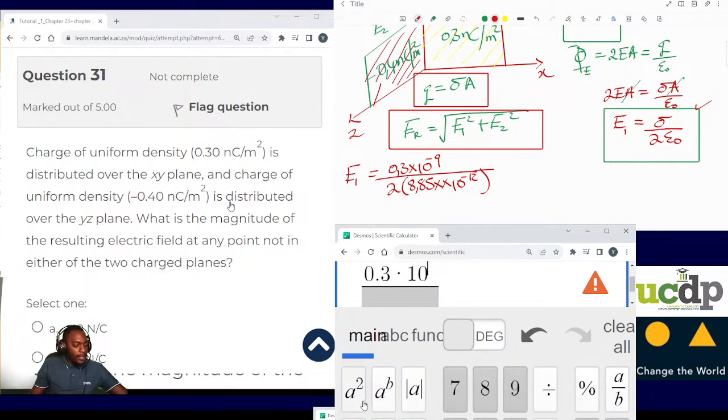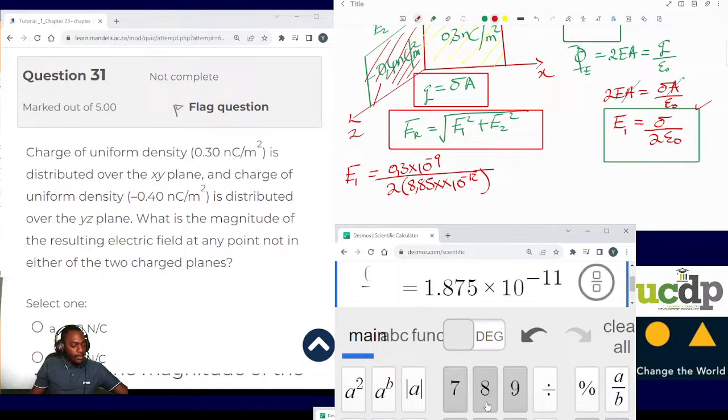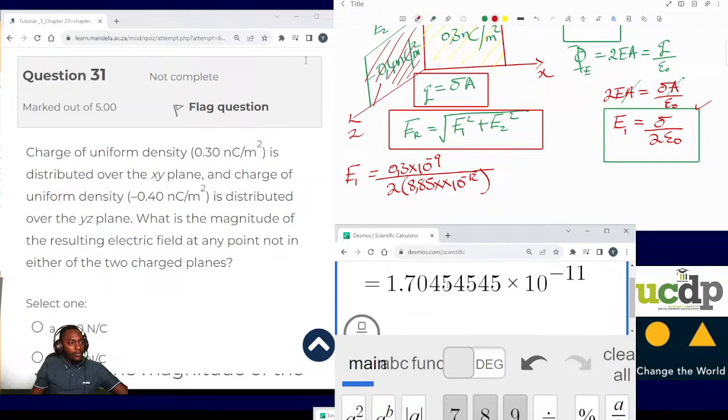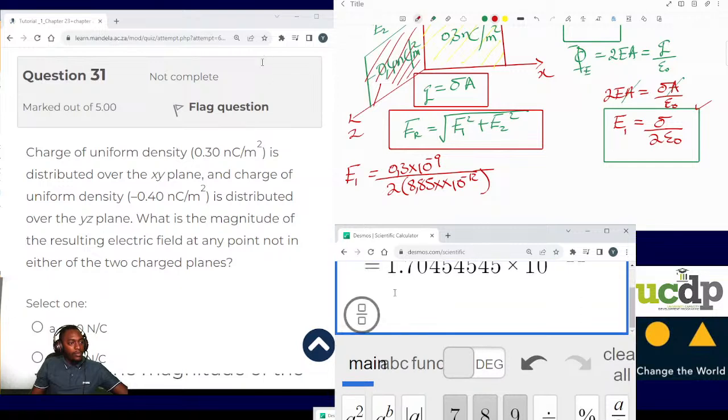It's 10 to the negative 9 all over 2 times 8.85.